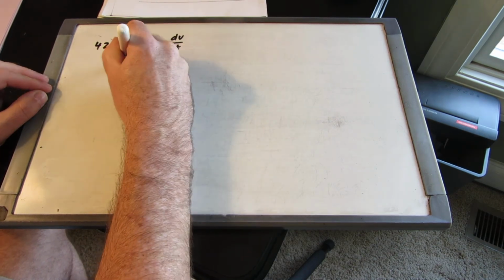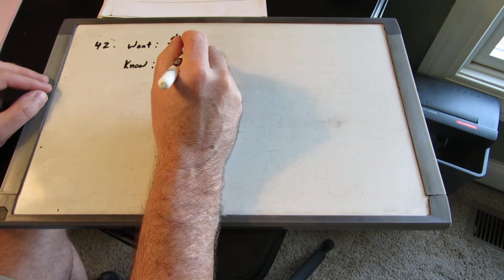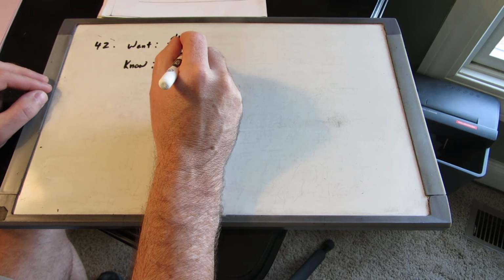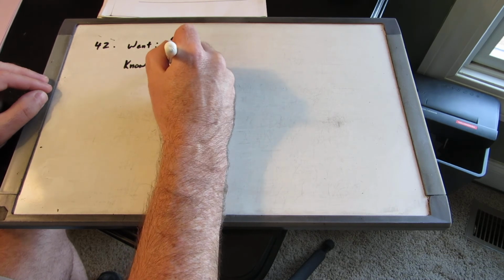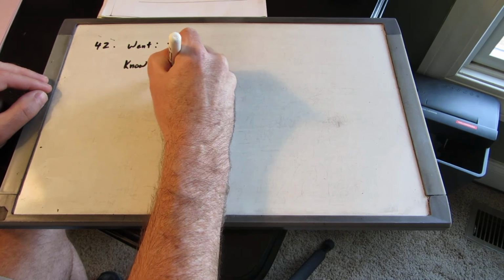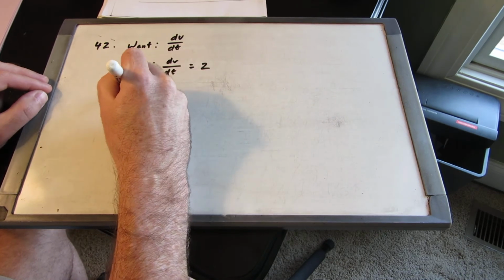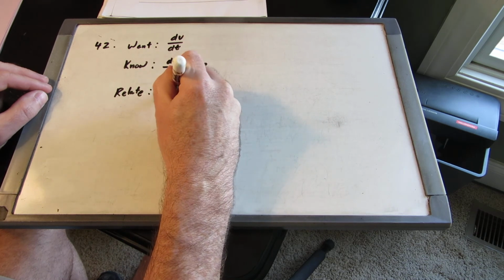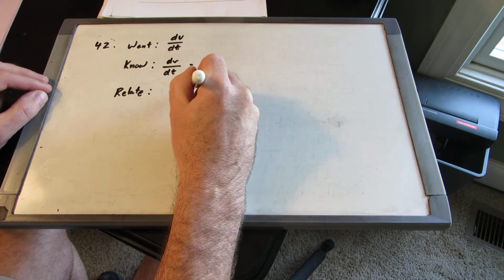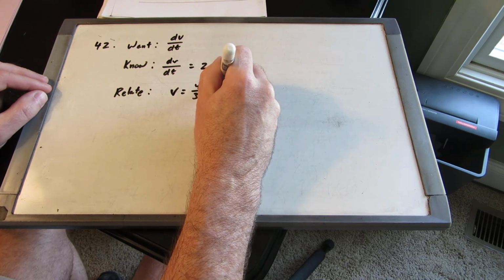What do we know? Well, we know that the radius increases at a rate of 2 centimeters per minute, so dr/dt is equal to 2. And they gave us the equation for the volume of a sphere, 4/3 pi r cubed.